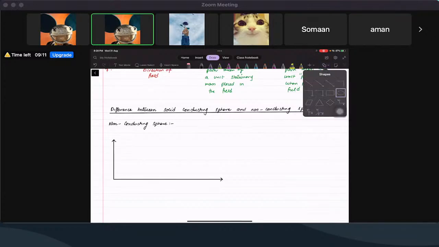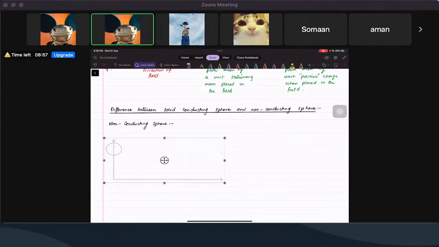A non-conducting sphere is just like an insulator or something, right? If I place the insulator here and we are looking at voltage, let me copy this first, use it again and again. So I want to draw the graph for voltage in joules per coulomb, potential, and R in meters.